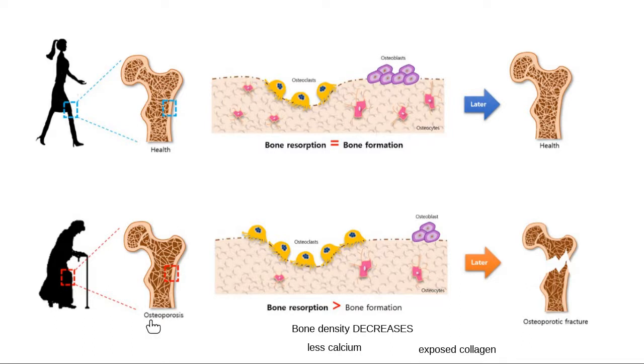So osteoporosis happens when my osteoclasts, my bone breakers, work faster than my osteoblasts, my bone builders. What's happening is my bone is losing its calcium. It's going back into the bloodstream because my osteoclasts are working faster than my osteoblasts are.